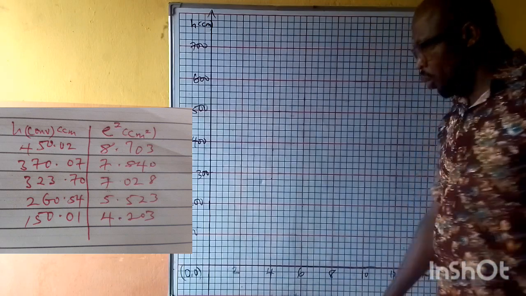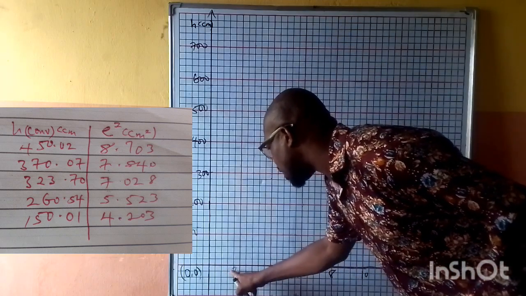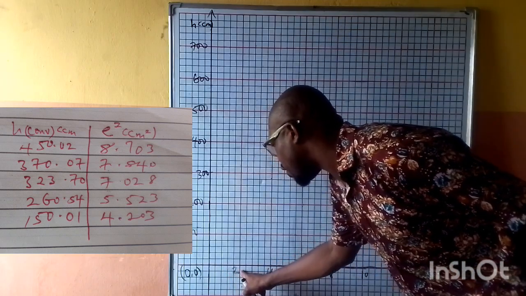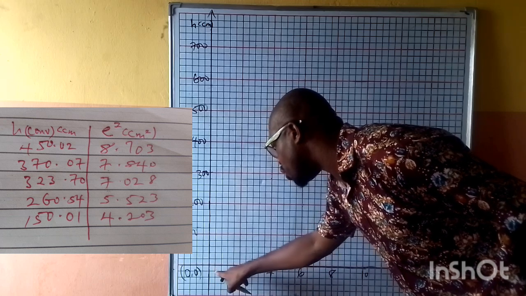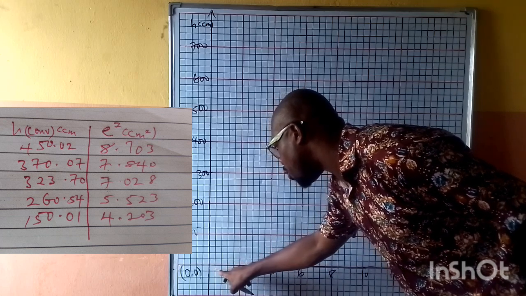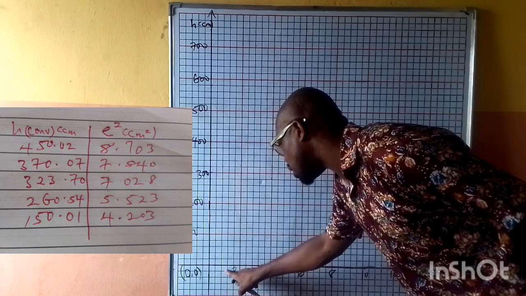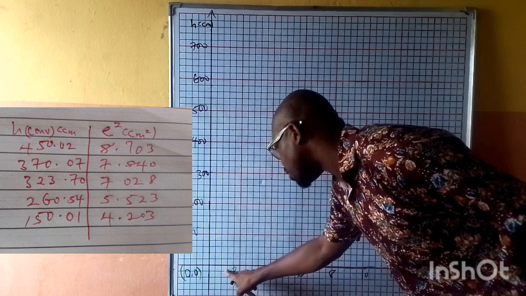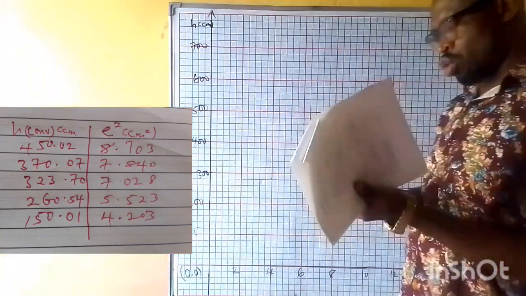Okay. Now we start. So what it means is that since here is 2, it means that we have here as 0. If we say here, that means 0.4 here, 0.6 here, 0.8 here. No, sorry. We divide 2 by 5.